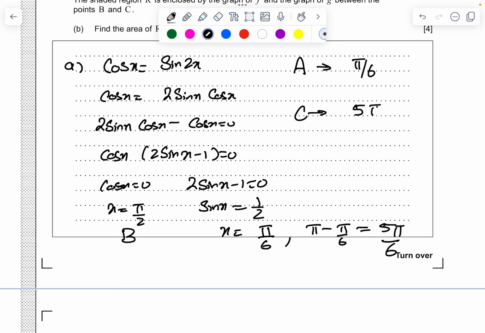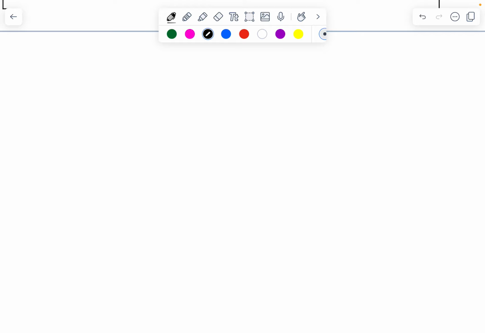The shaded region R is enclosed by the graphs f and g between B and C. Find the area of R. Let me quickly add a page for that. The area means I need to find the integral of the curves.